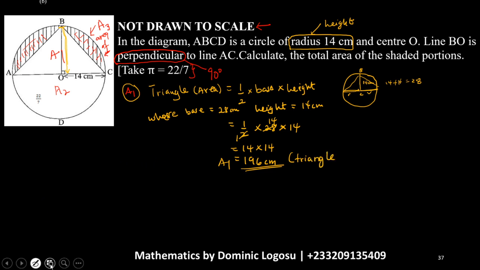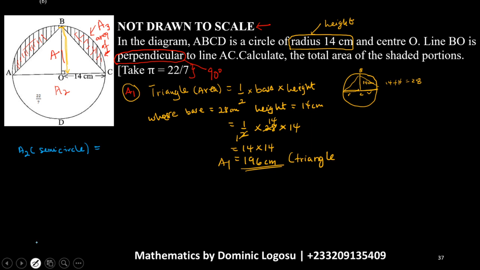So let's move on and look at area for the semicircle. And to find the area of a semicircle, basically, it's half of the circle. Okay? So we know the formula for finding a circle, right?